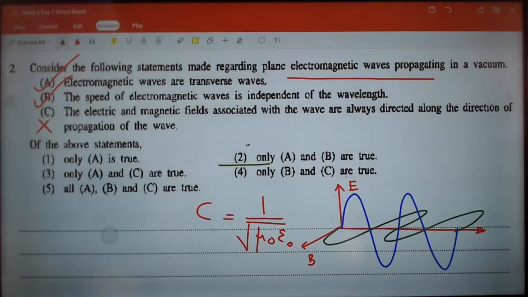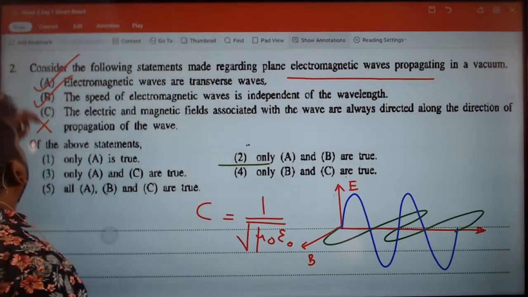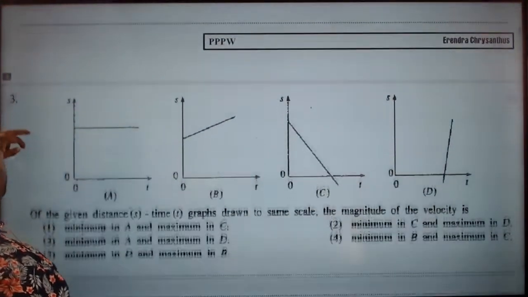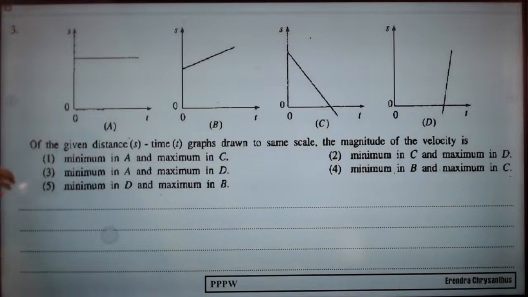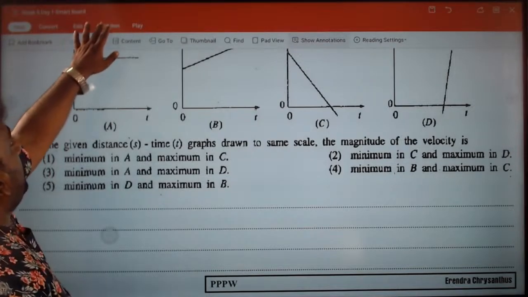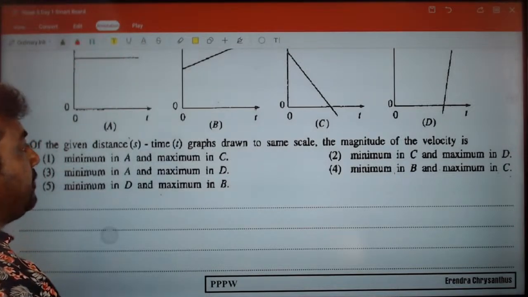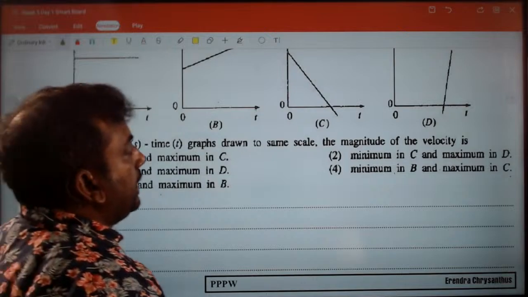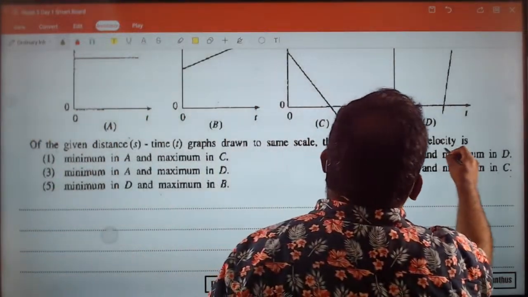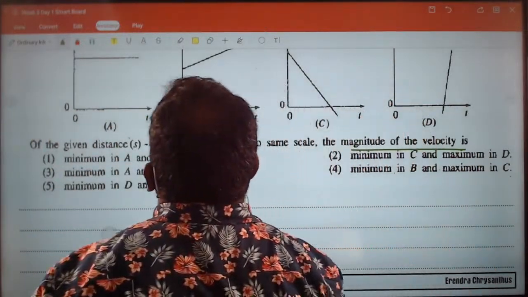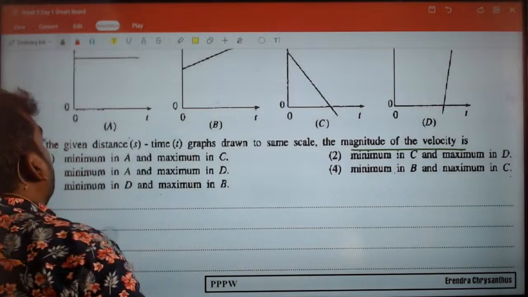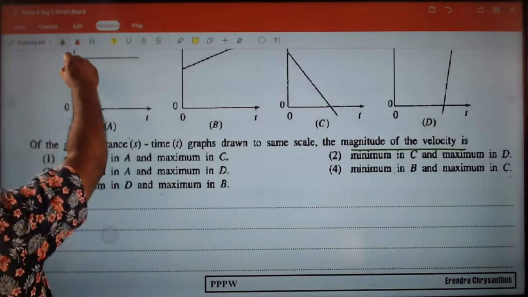Next one. Have a look. For the given distance-time graph, the magnitude of the velocity is, right. Now here the gradient is 0, so velocity is 0.